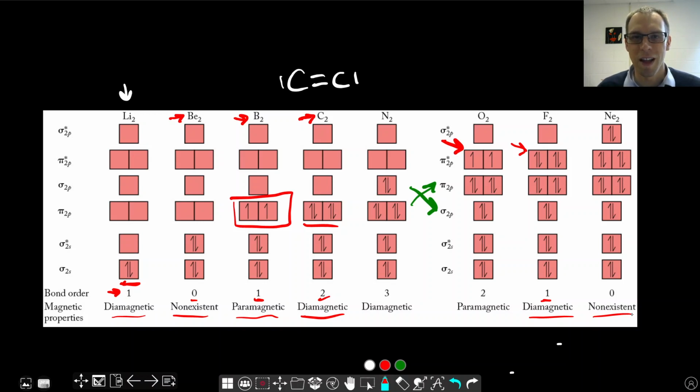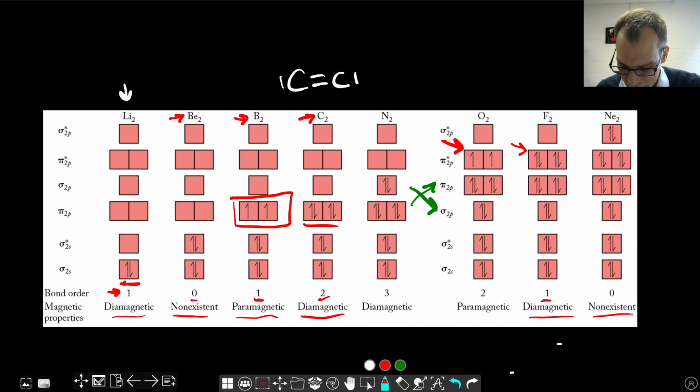So if you really want to get into understanding bonding in molecules, this is the starting point. We can use quantum mechanical tools to actually calculate these orbitals, fill in the electrons, and predict the properties.